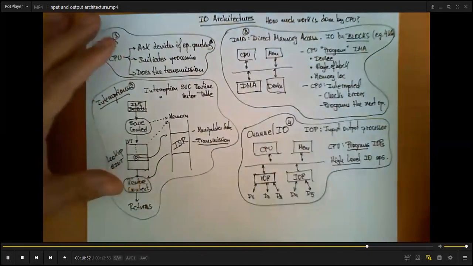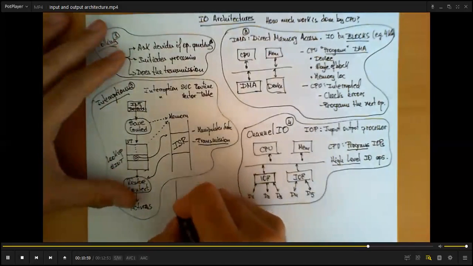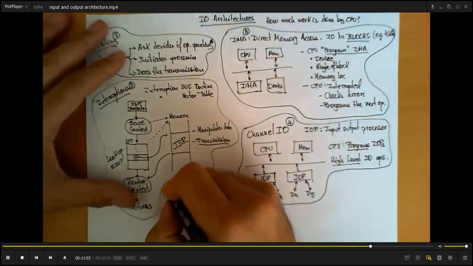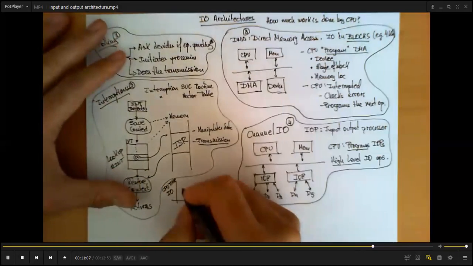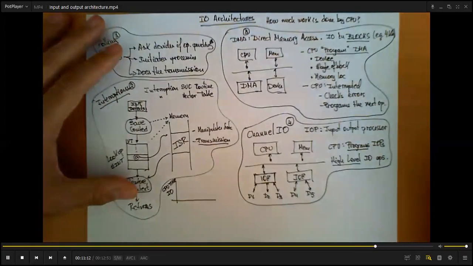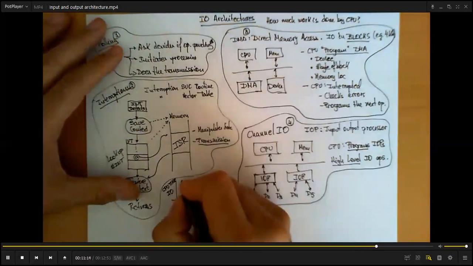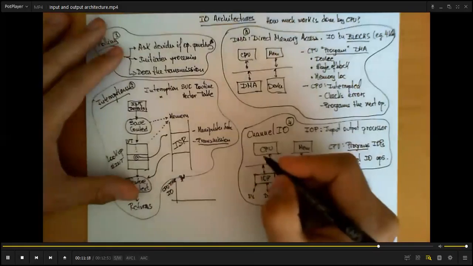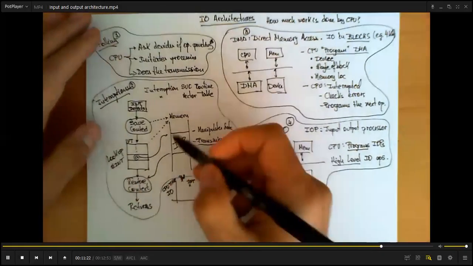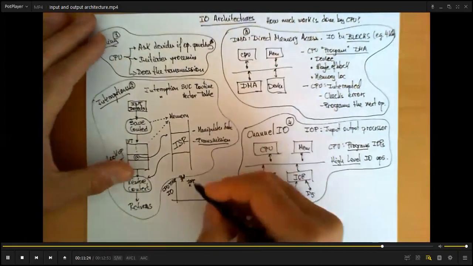by the CPU, to the point that we can represent into these 2 graphs over here. Suppose here we plot the CPU time that is devoted to input-output. We would be able to plot the 4 strategies we have described, or the 4 architectures, as follows. Polling would be at the top because it's the one that requires more CPU time. Interruption would be slightly lower because the CPU doesn't have to go and ask devices if they are ready.